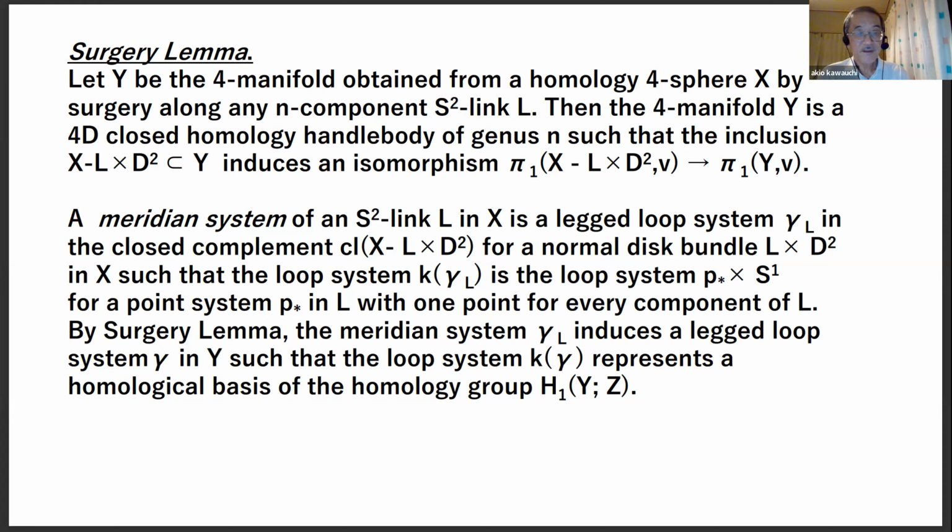A meridian system of an S2 link L in X is a legged loop system gamma L in the closure of X minus L cross D2, for a normal disk bundle L cross D2 in X, such that the loop system K gamma L is a loop system P star cross S1, for a point system P star in L with one point in every component of L. By the surgery lemma, the meridian system gamma L induces a legged loop system gamma in Y, such that the loop system K gamma represents a homological basis of the first homology group.